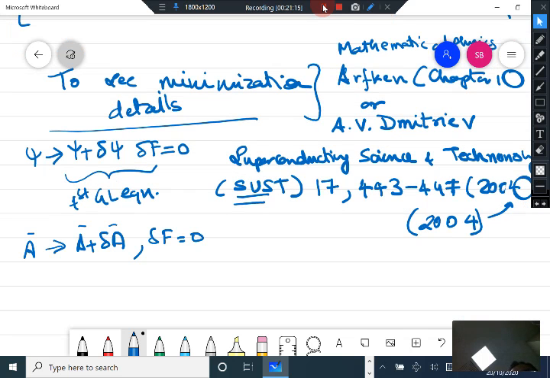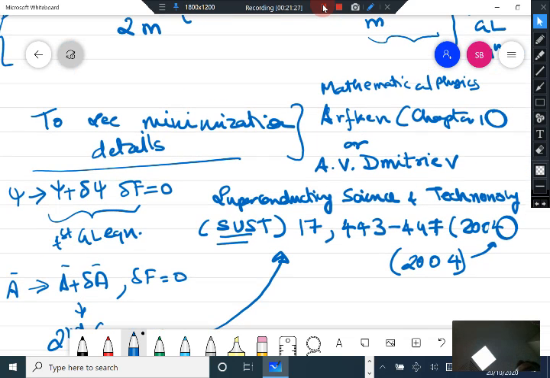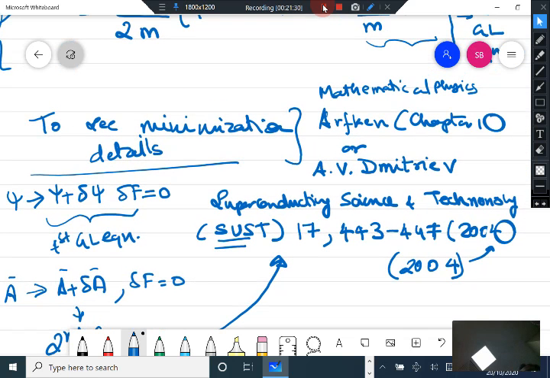You have to put the condition that the variation in free energy is equal to 0 at the minima. This gives rise to the second GL equation. These two, you can find the basic procedure in Arfken chapter 14, or A.V. Dmitriev, Superconducting Science and Technology, volume 17, 443, year 2004.